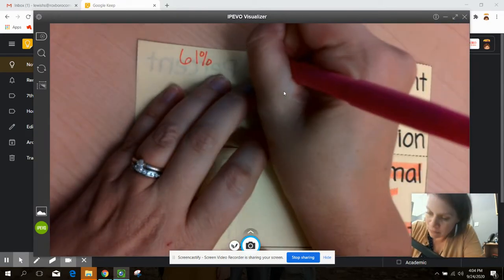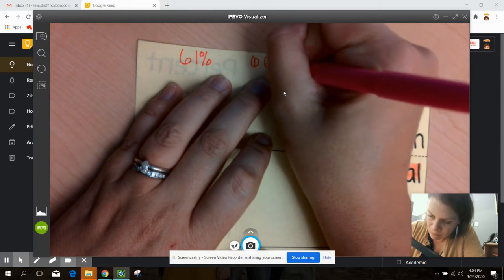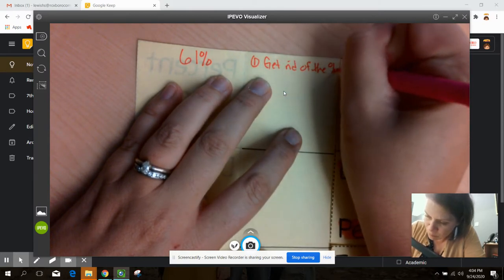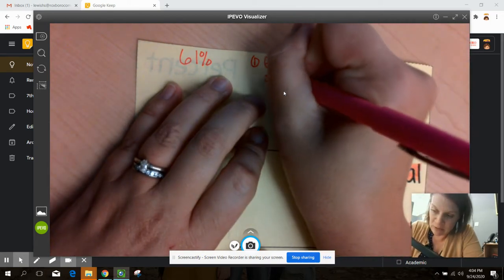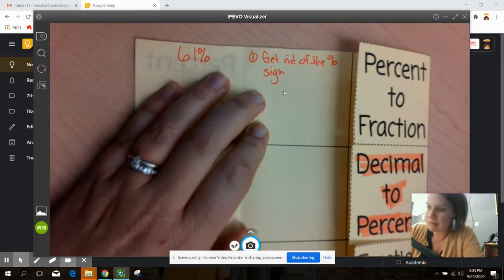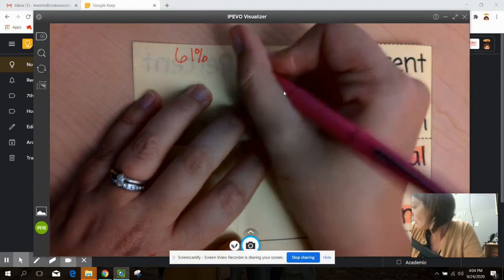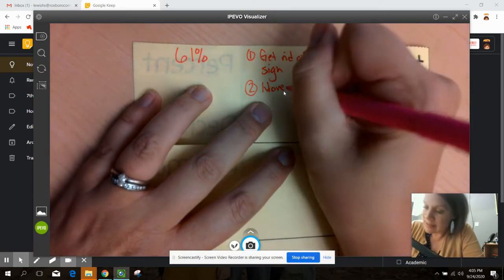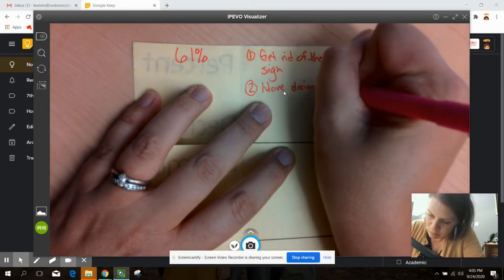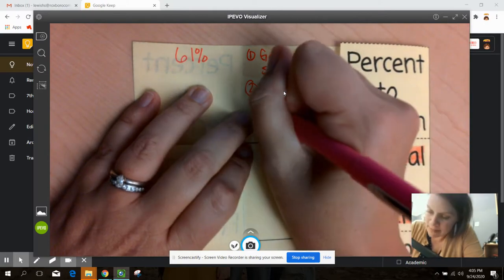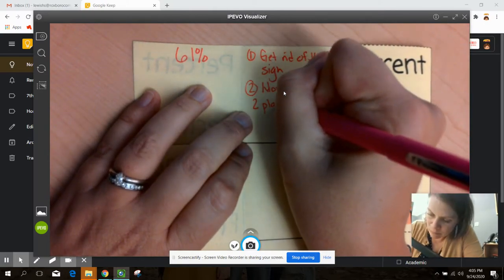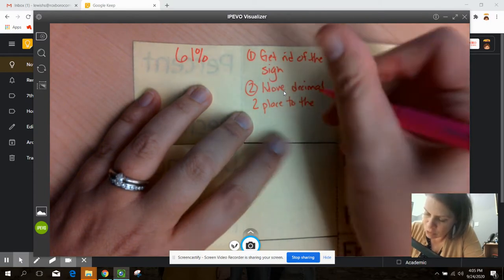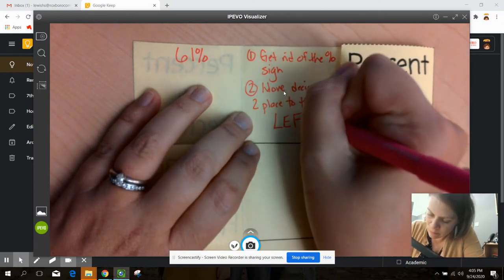The first thing you're going to do is get rid of the percent sign, and then you will move the decimal 2 places to the left.